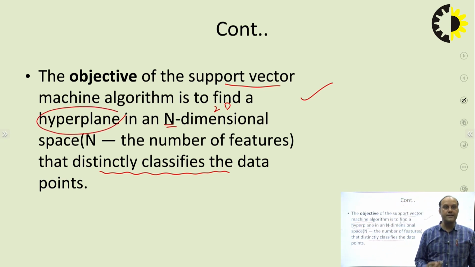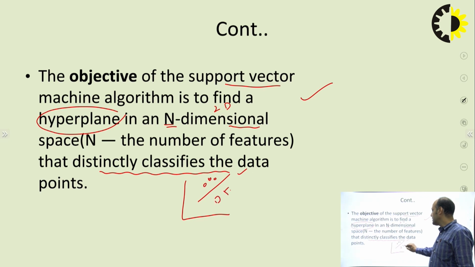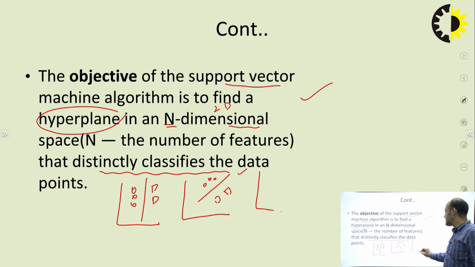Where are we going to find the hyperplane? In an n-dimensional space. And what is the purpose of that? The purpose is so that we can distinctly classify the data points, as already defined in the previous figure. Like this, or it may be like this.